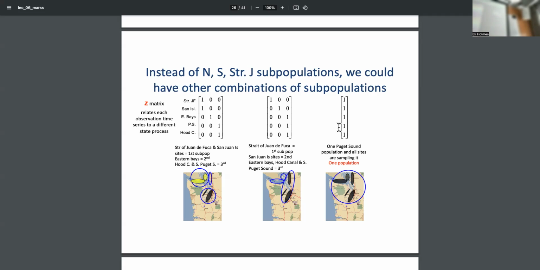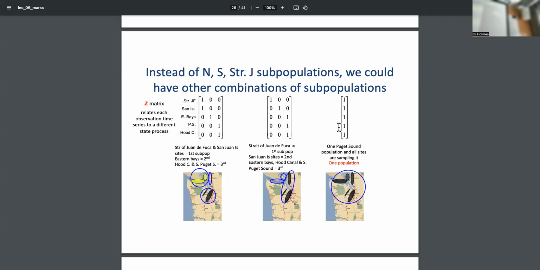But this inland, we don't think it's separated into north and south, because we've been tracking them, and they just kind of go up and down here. So what we want to test is whether the population structure is actually like this, and then two separate ones here. So in this case, we still have three underlying populations, but these three are observing this one.